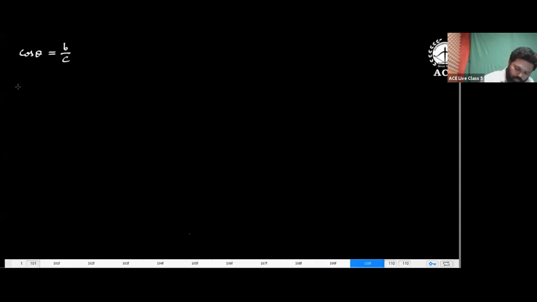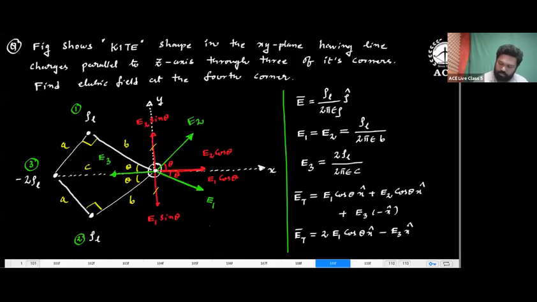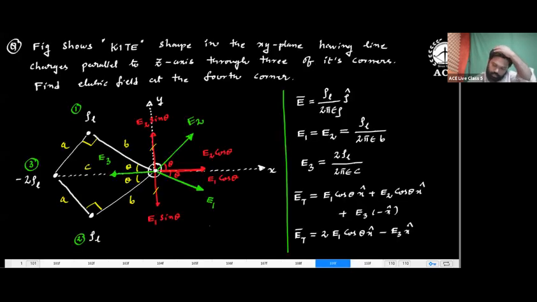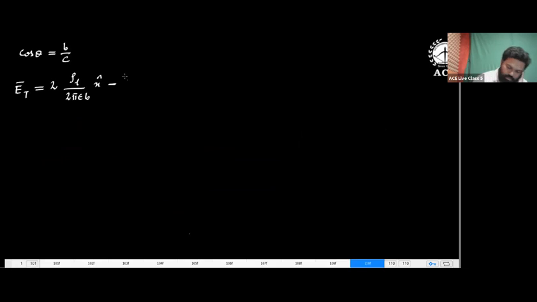What is this E total? E total is equal to 2 into E1. What is E1? Rho L by 2 pi epsilon B into x cap, minus E3. What is, sorry, E3, beta? 2 rho L. Just a minute, we forgot this cos theta.